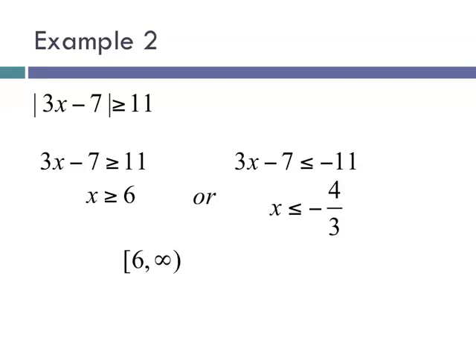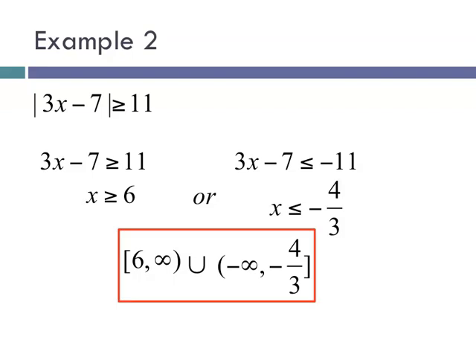And then we use our union symbol, and for our second part, x is less than or equal to negative 4/3. That means it could equal negative 4/3 or anything less than that. So it can be anything from negative infinity to negative 4/3, including negative 4/3. So we have a square bracket on the negative 4/3. And that is your solution set for this example.